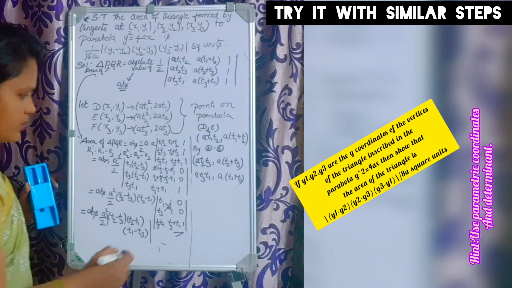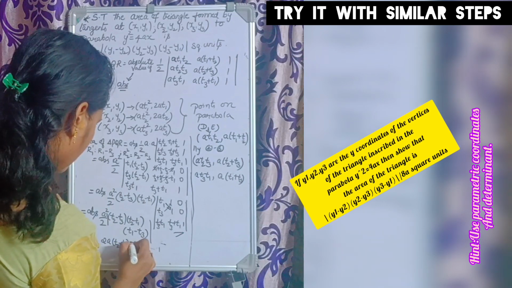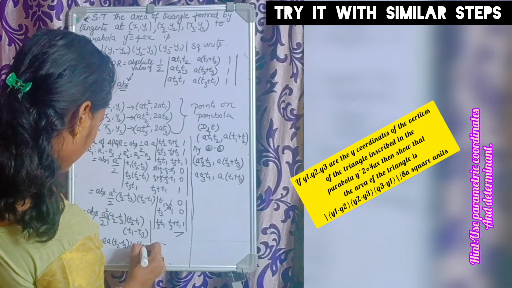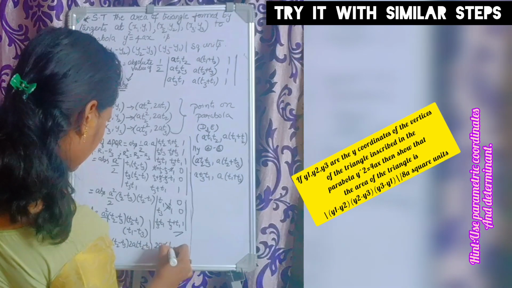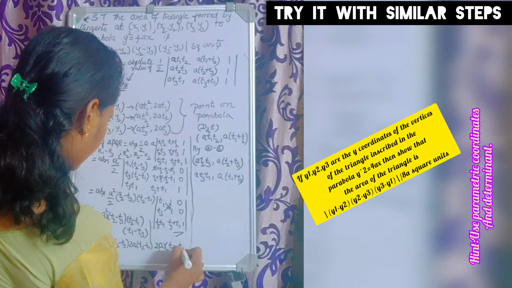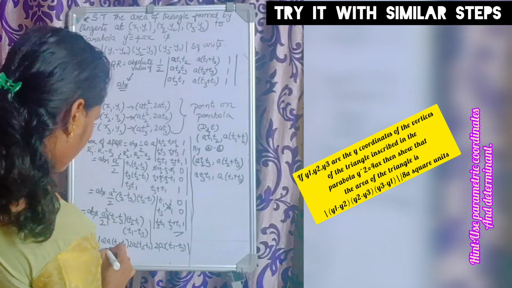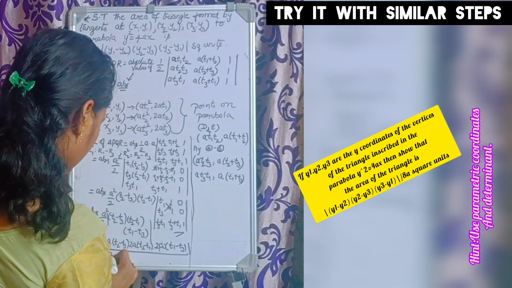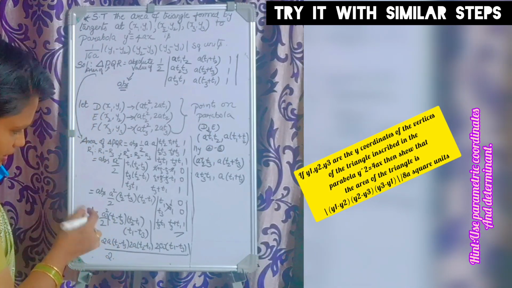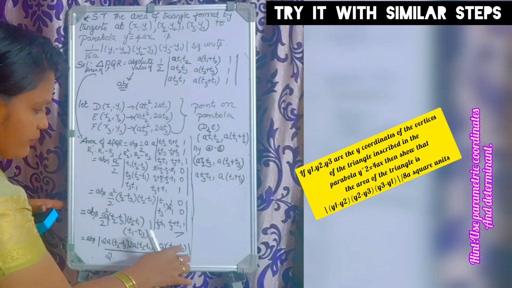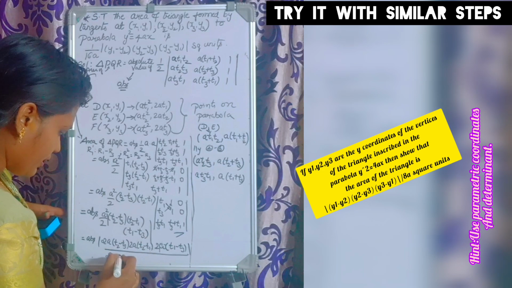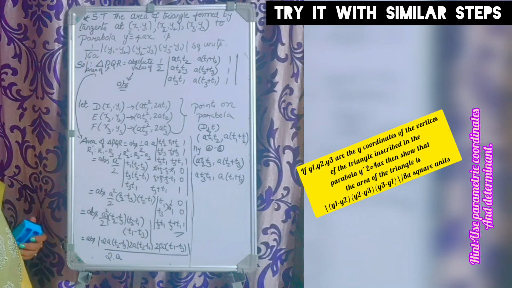Right. So (t3 minus t2)(2a)(t2 minus t1)(2a)(t1 minus t3)(2a), right, by 8. See, here only a square is there, but I have added one more a, right? So if I multiply by a, I need to divide it also by a.